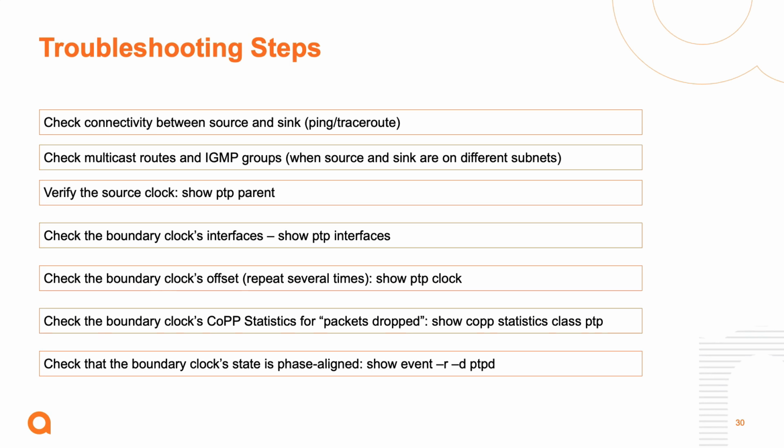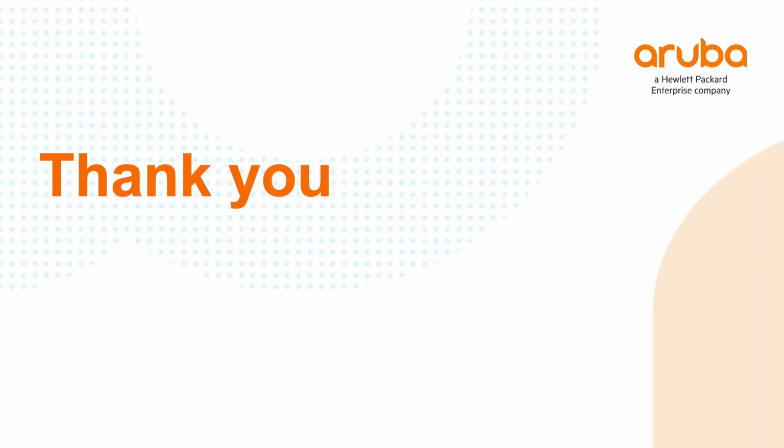And that path is the one controlled by the control plane policy that is applied. So COPP controls the traffic between the ASIC and the CPU, and that's where you cannot allow ptp packets to be dropped. So monitor this from time to time, especially if you're adding more clients. With that, thank you.